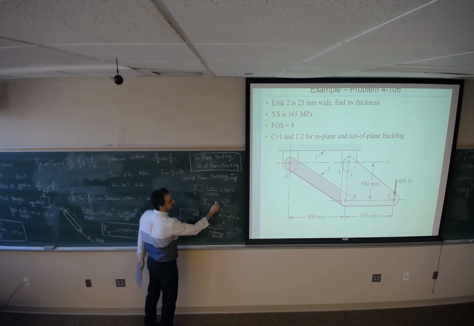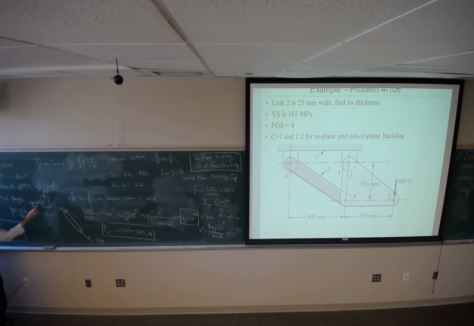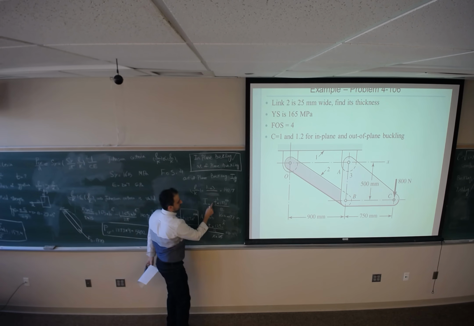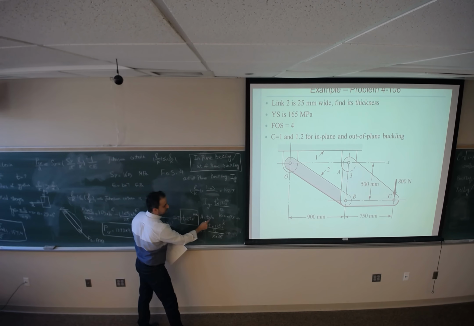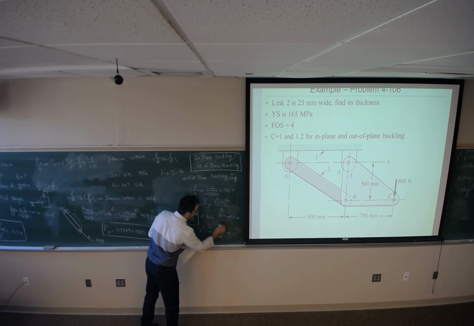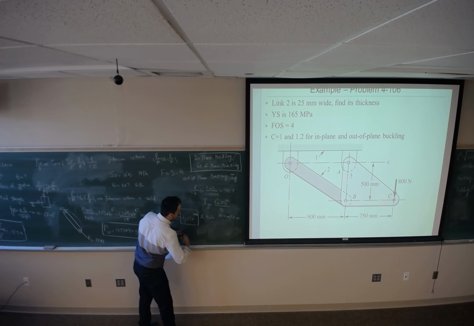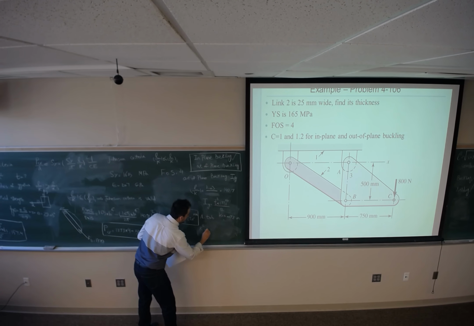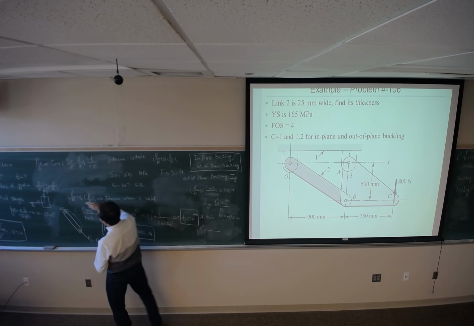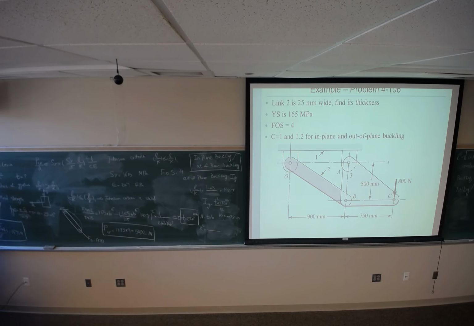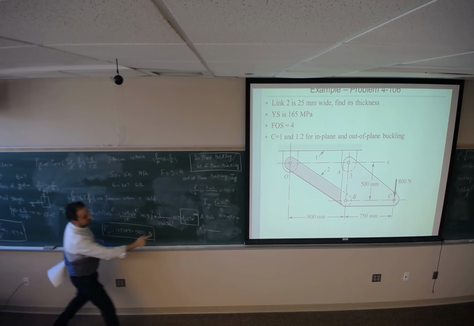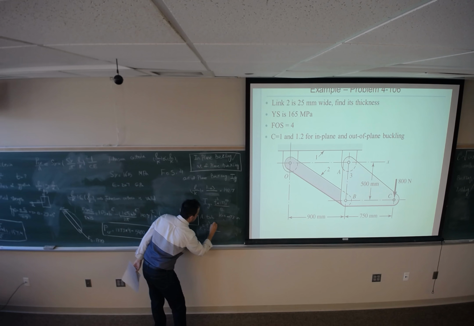This is going to be cubed, and IY is going to be 25 times T cubed divided by 12. Area would be the same. K squared would be I divided by area, which is T cubed times 25 divided by 12 divided by area.